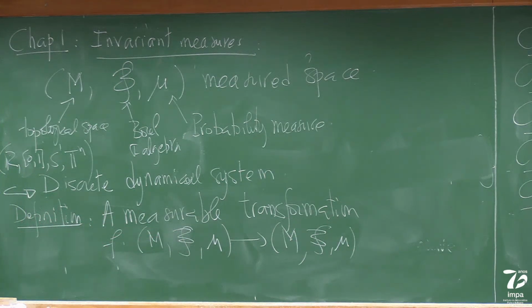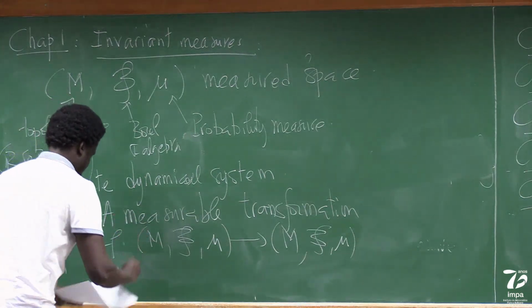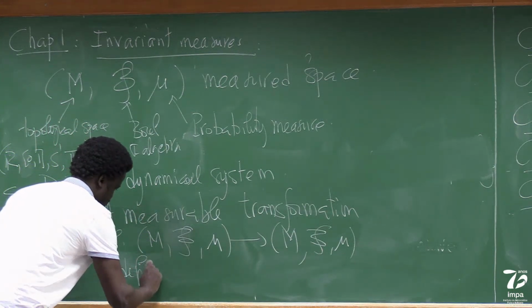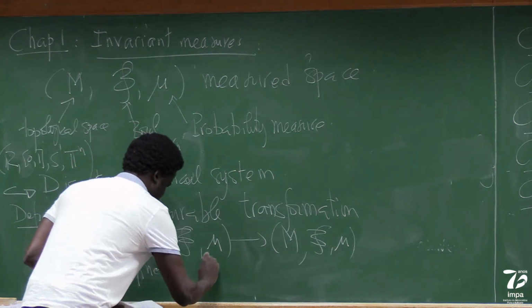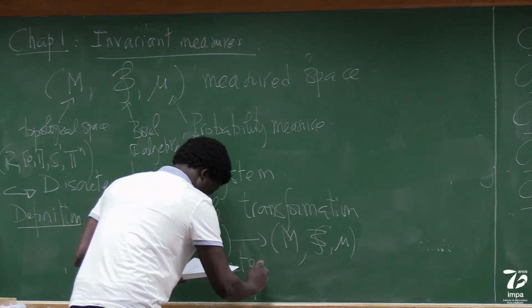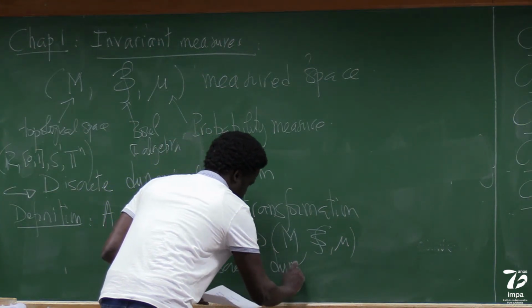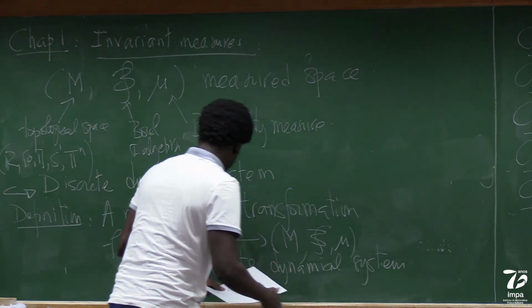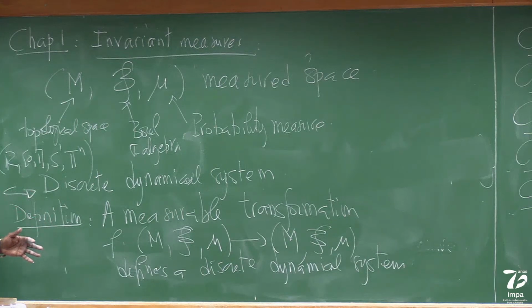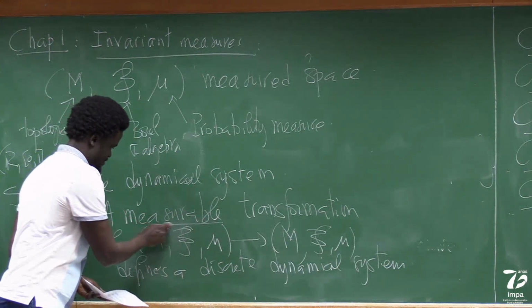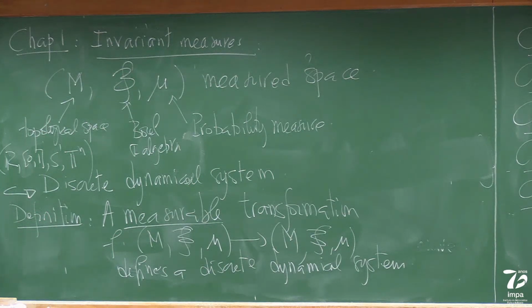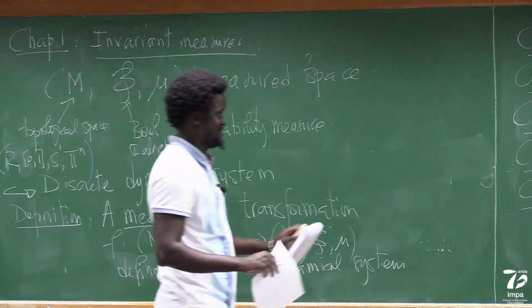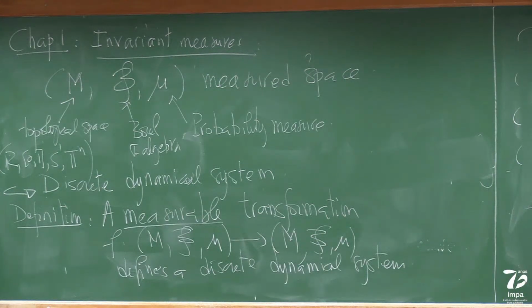That's why we have mu. This defines a discrete time dynamical system. So the least condition that we have on our dynamical system is that it has to be measurable. Okay, I don't want to look at crazy systems. At least we want measurable.